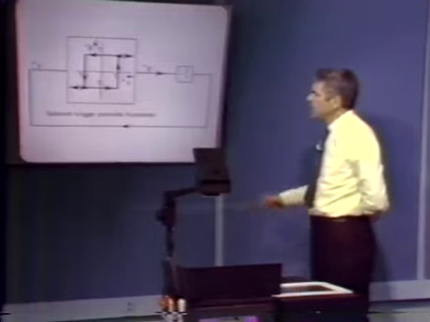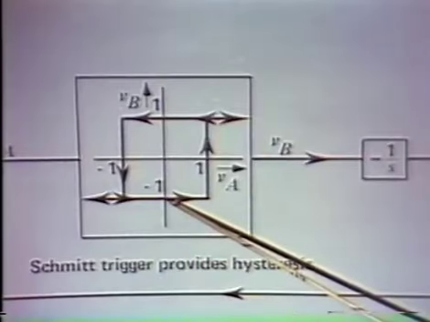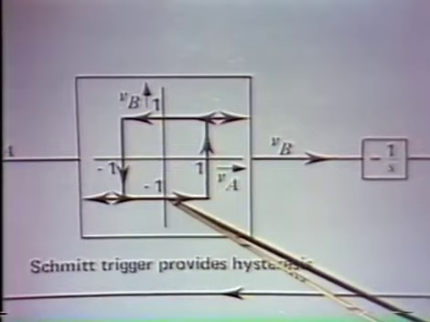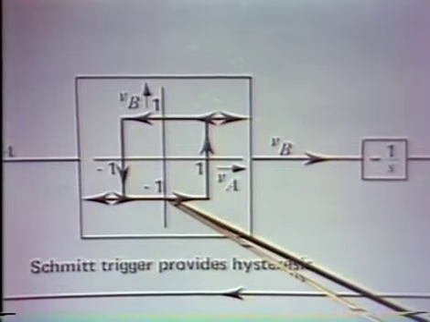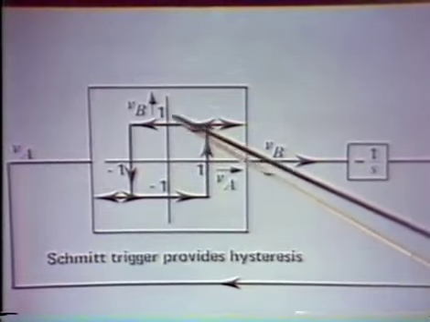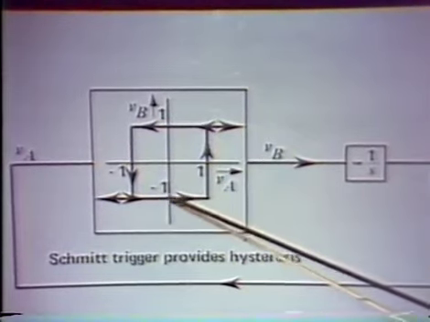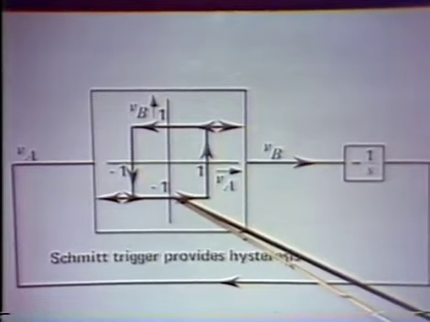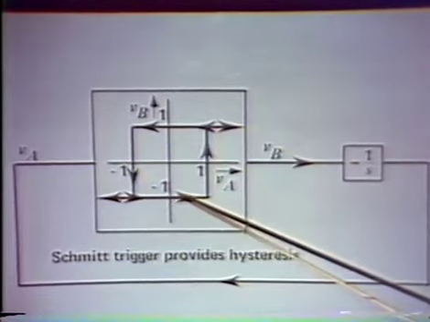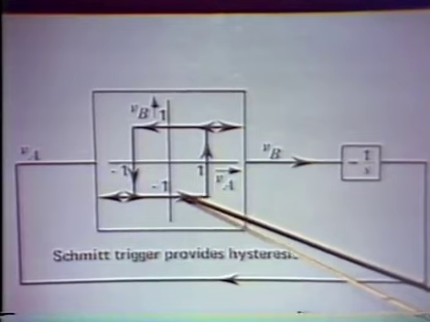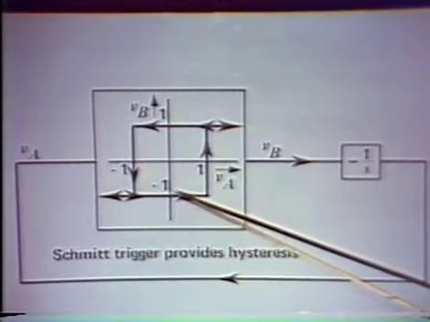Let's suppose, for example, we're at this point on the Schmidt trigger characteristics. The voltage VA, which is the voltage out of the integrator, equal to 0, and the output of the Schmidt trigger at -1. There's, of course, two possible values that the output of the Schmidt trigger, VB, can take on. Let's assume it's in the state where the output is -1. If that's the case, we apply a negative signal to the integrator.